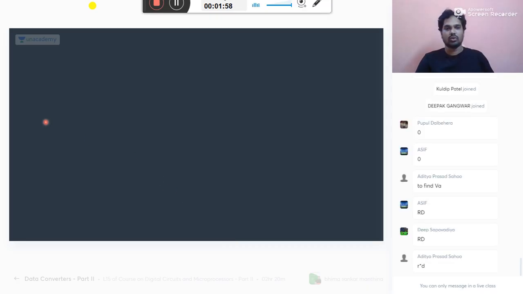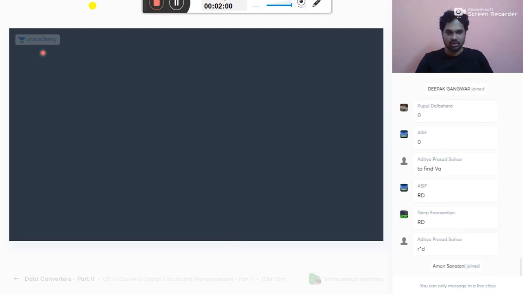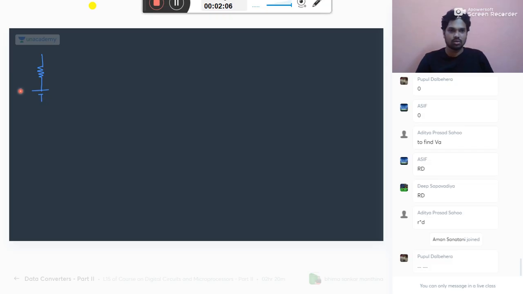Now I want to give you one important shortcut which we discussed in network analysis. You have a voltage source and a resistor, and another resistor. Now, what is the equivalent?